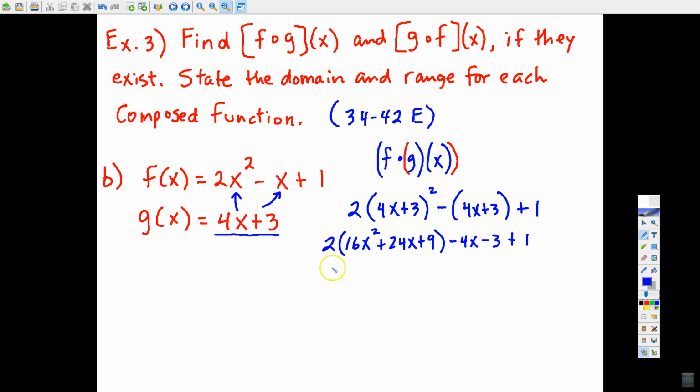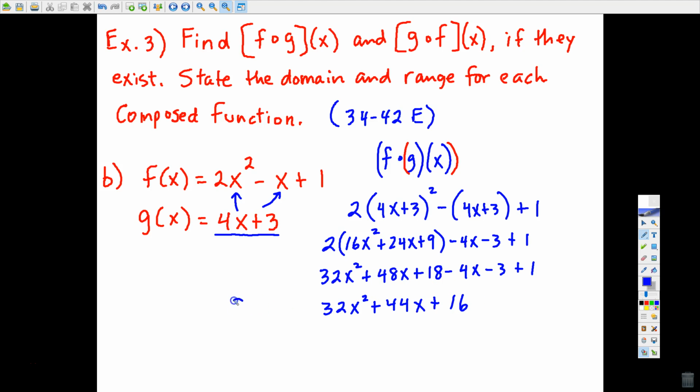Distributive property here with 2, 32x squared plus 48x plus 18 minus 4x minus 3 plus 1. And now let's combine like terms. 32x squared plus 44x, 48 minus 4. And then we have 18 minus 3, which is 15, plus 1, which is 16.